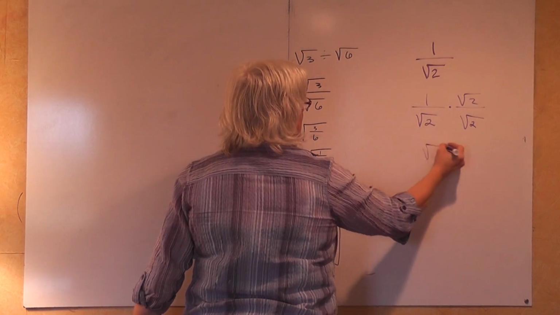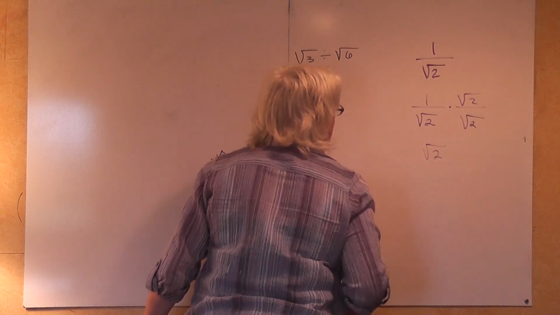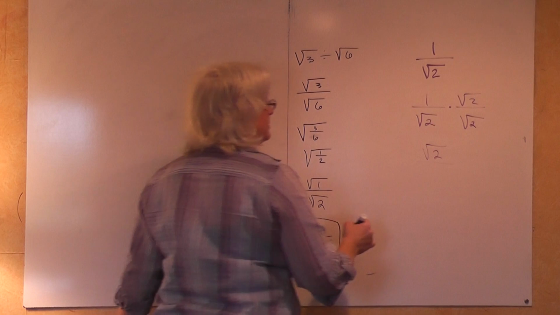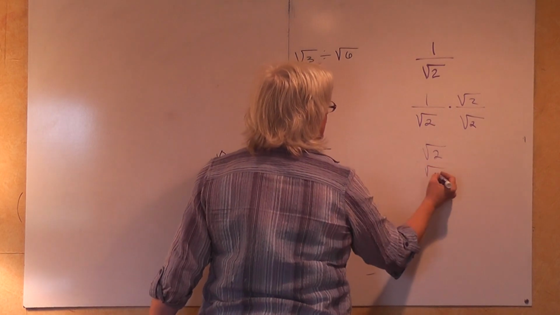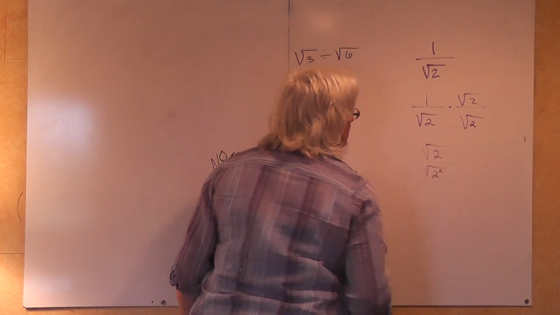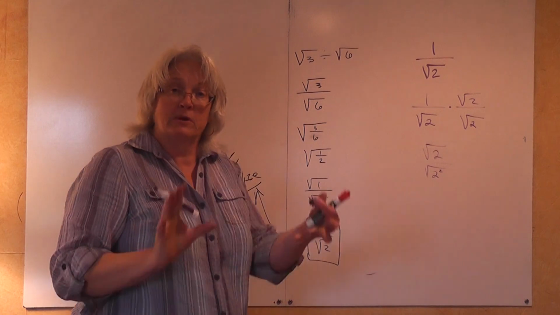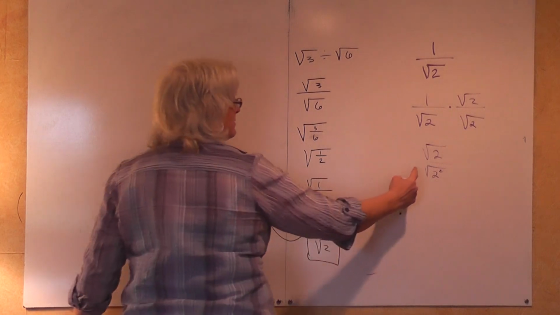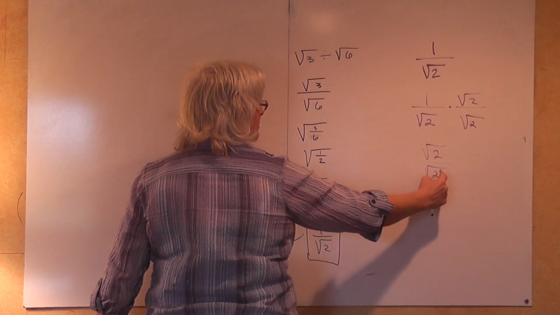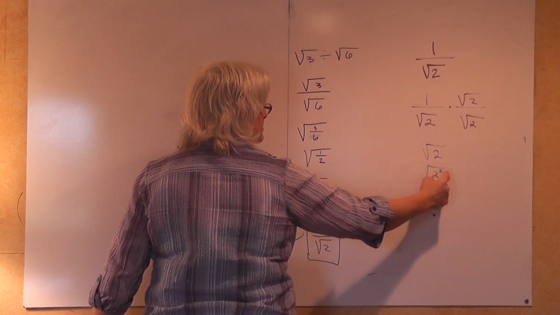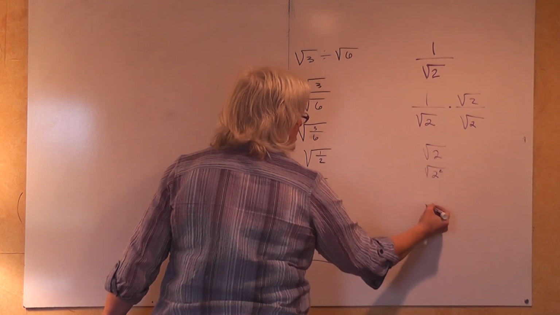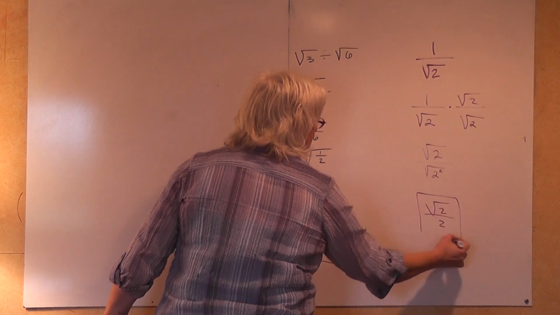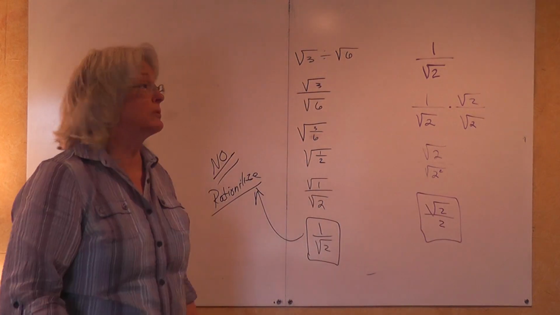You have the square root of 2 divided by, now let's look at this a little bit different way, 2 times 2 is 4, but it's also 2 squared, isn't it? So maybe this will help your brain think in a slightly different way. When the index and the power are the same, the square root of 2 squared is just 2 by itself. This right here is the solution that we're looking for.